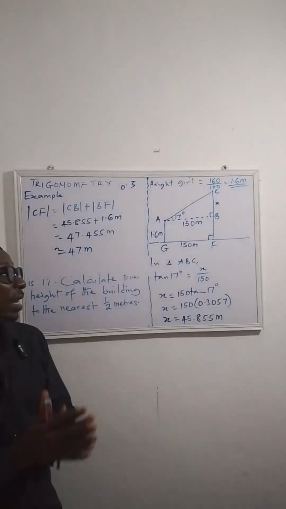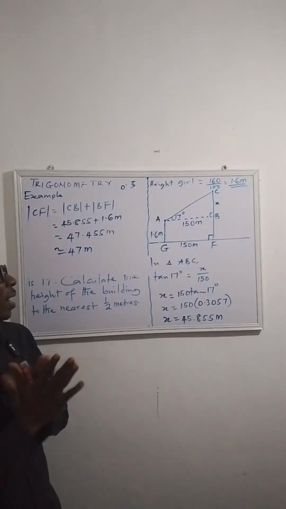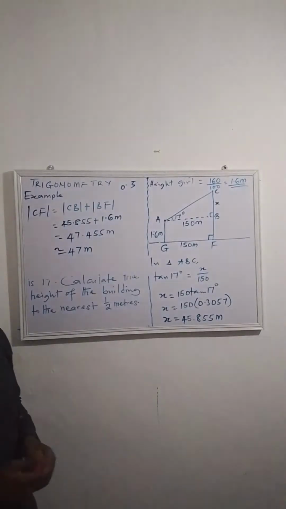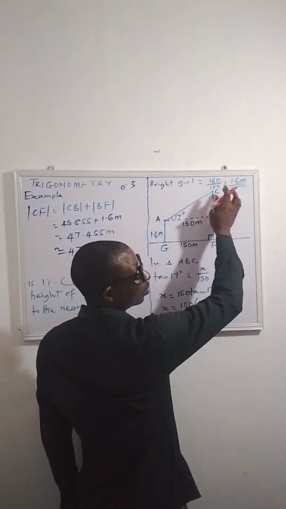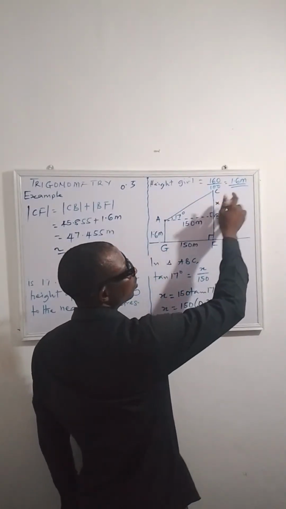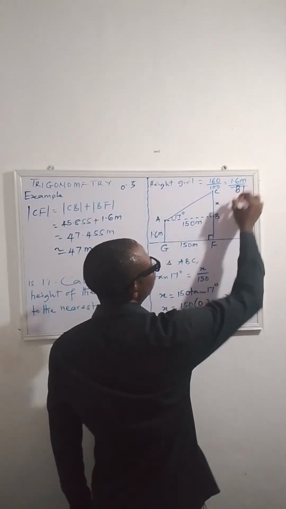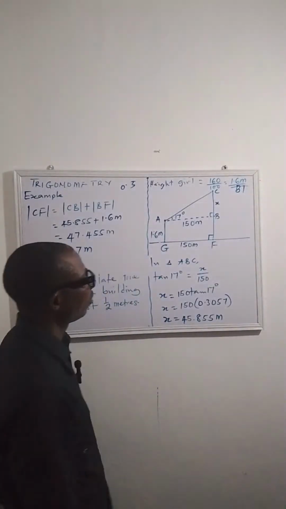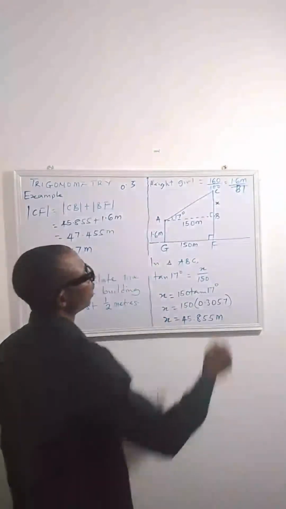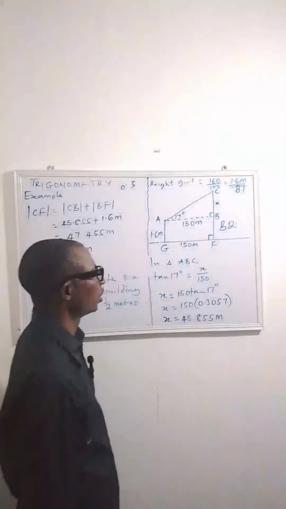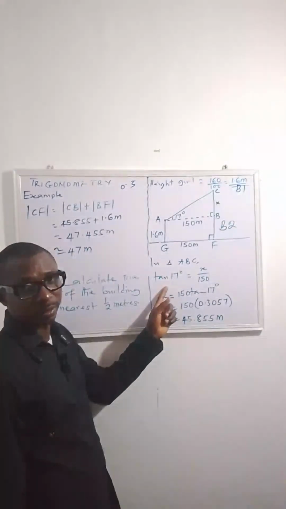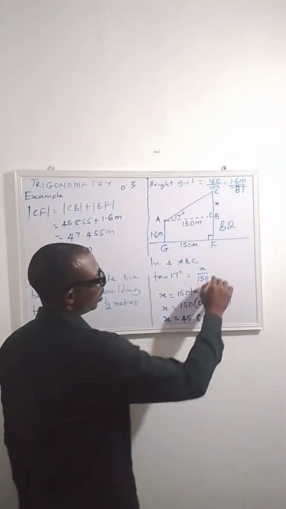Now let's see how we are going to award marks today. For converting the height of the girl from centimeter to meter, there is a B1 mark for that. For drawing this diagram correctly, another B1 mark. For using the trig ratio, we have M1.